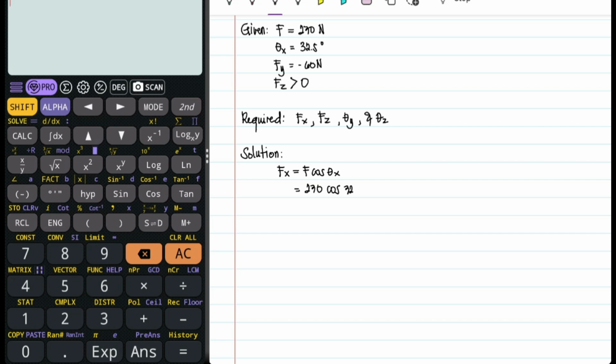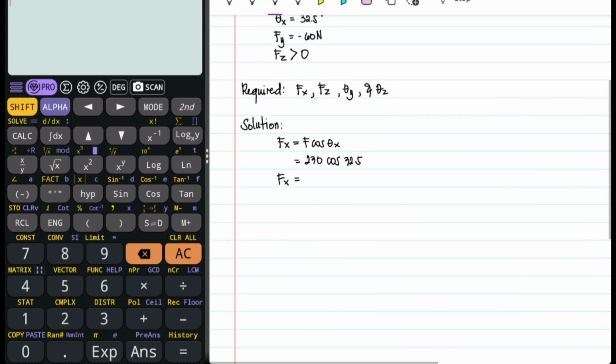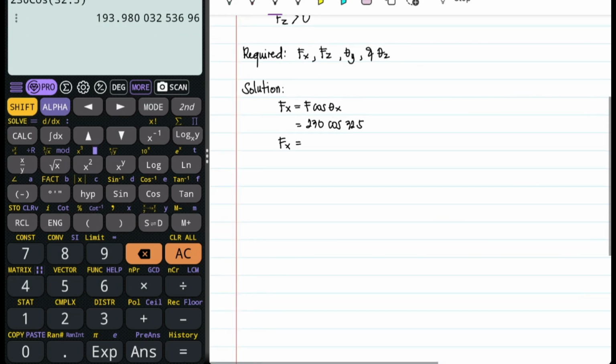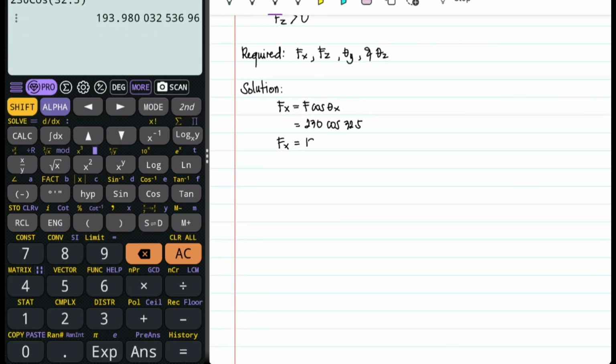We can input that in our calculator. That's 230 cosine 32.5, which gives us 193.98003253696 newtons.